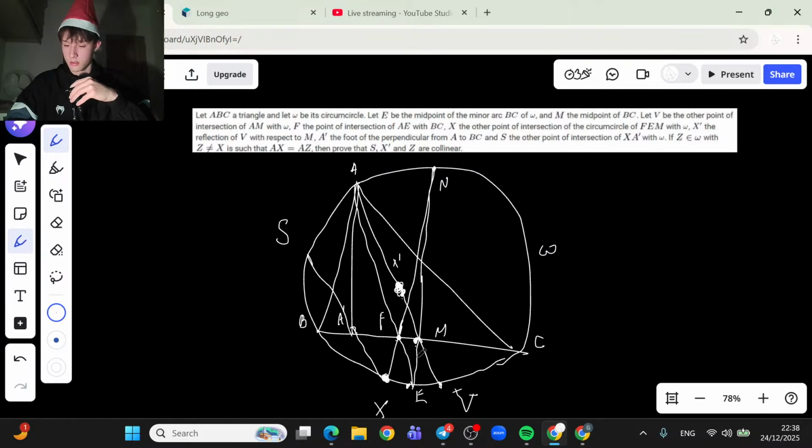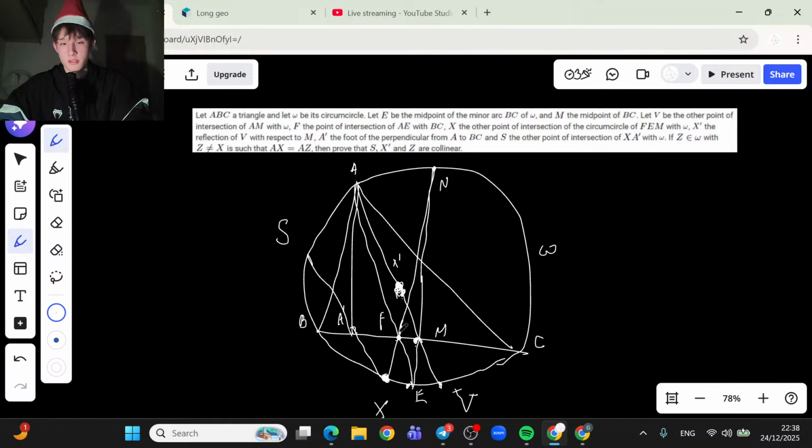And I also know that X lies on the Apollonius circle of BC because XF is the bisector of angle BXC. So that's the reason why it's the reflection of X and X prime, why X prime is named like that, which is weird, but whatever.